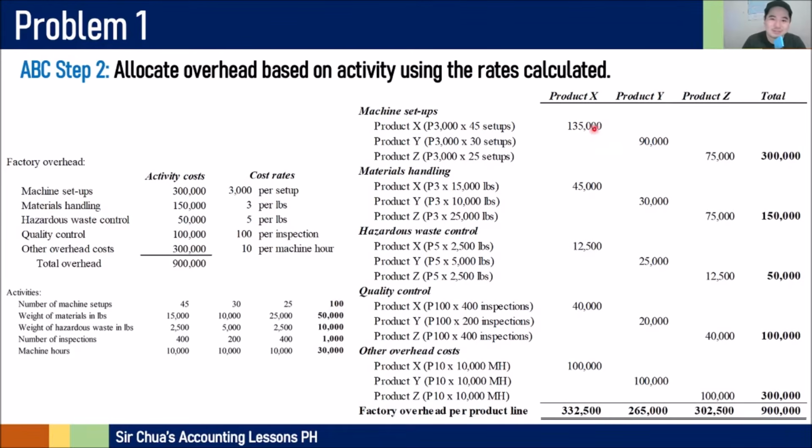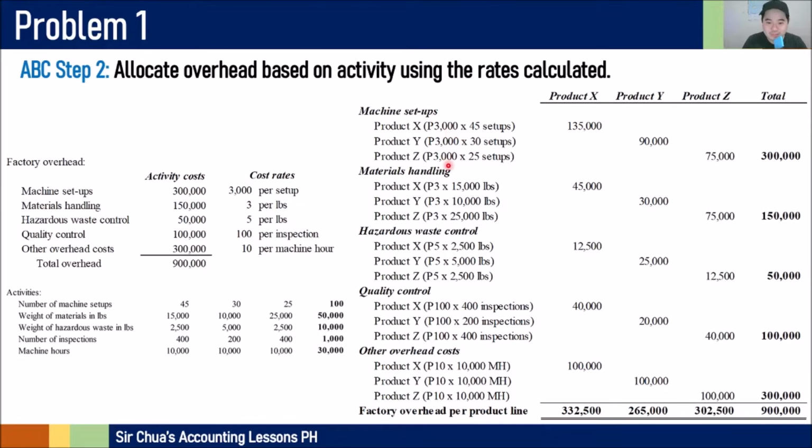Okay? So, gagawa po kayo ng columns for product X, product Y, and product Z. And this is how you will be allocating the overhead for all the 3 product lines. For machine setup, this is how you do it. So, sabi po natin, ang ating rate per setup is 3,000 per setup.